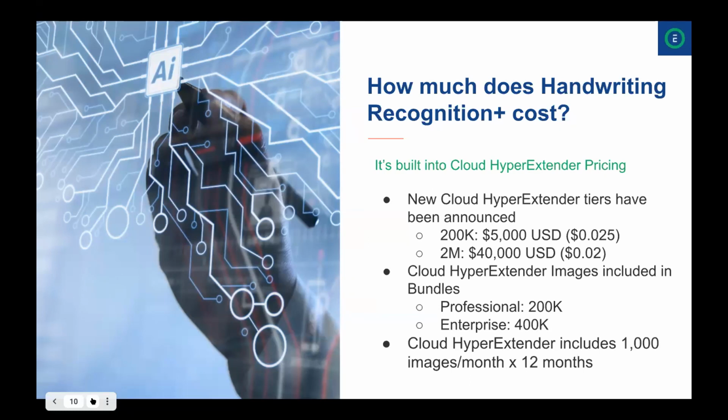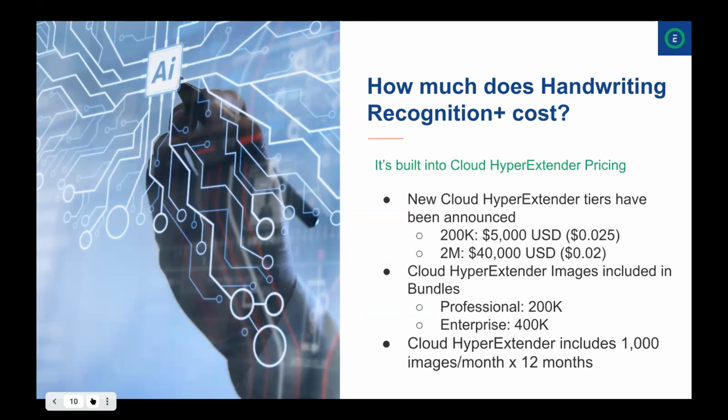Included in the professional and enterprise packages are Cloud Hyperextender handwriting extraction images. So if you bought a professional package from Ephesoft, you get 200,000 handwritten extraction images at no additional fee. That's built into the price of that package. Similarly, for enterprise, you get 400,000 handwritten images you can process with that package.